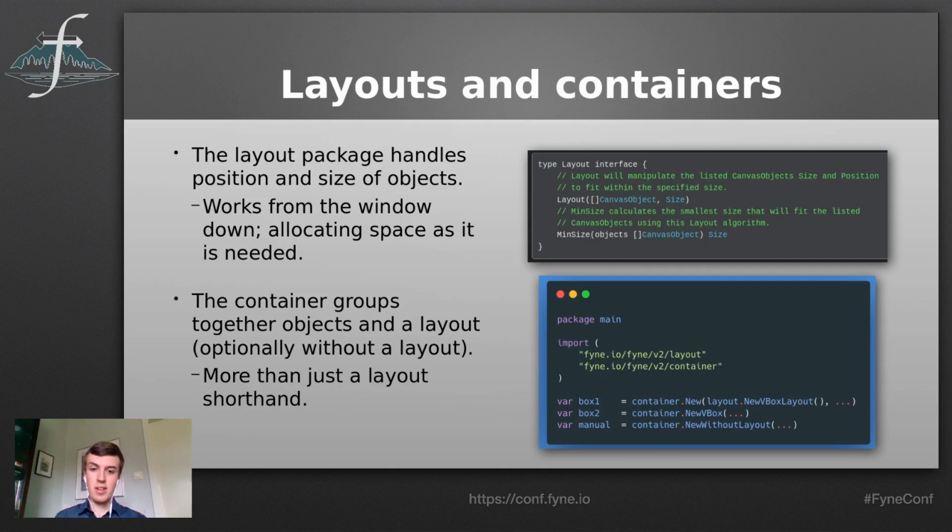But let's get into the interesting things now. Let's first talk about the layout package and more specifically how the layouts are defined. If you look at the interface in the top image on the right, you'll see that the layout interface has two methods. The first one is the layout method, which takes a slice of canvas objects and a size as parameters.